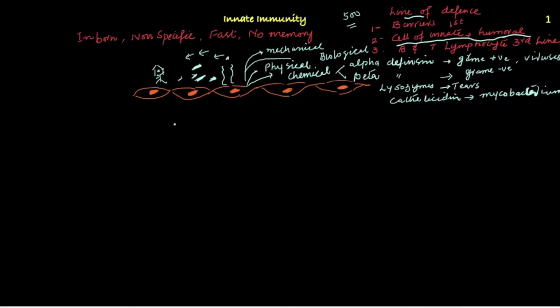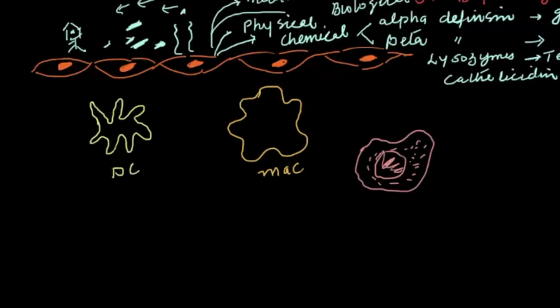As the second line of defense, we have dendritic cells in the tissue. So immediately below the skin or the mucous membrane, we have dendritic cells, and also macrophages. You can see that there are macrophages, a dendritic cell, and this is a mast cell.